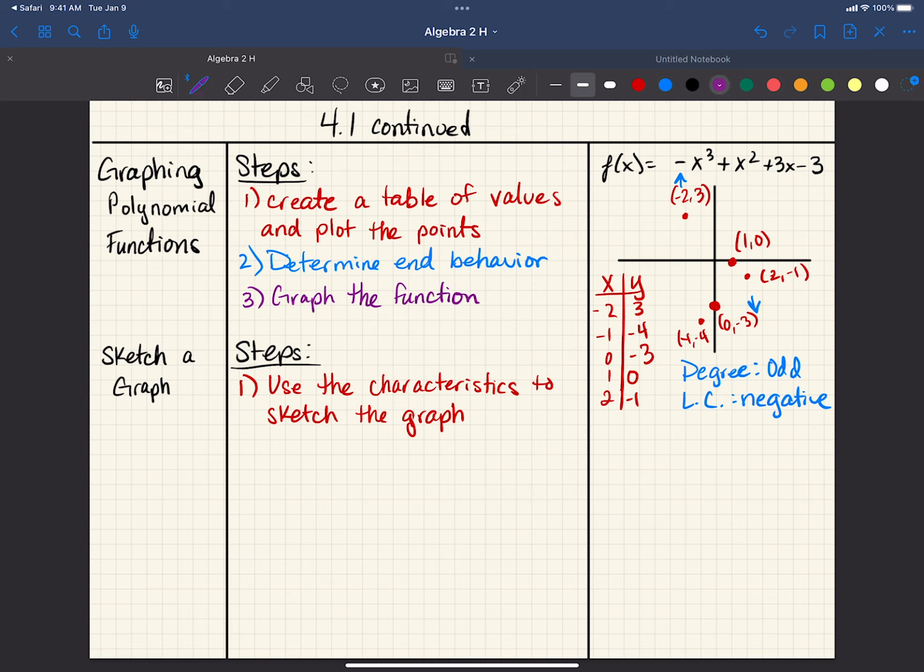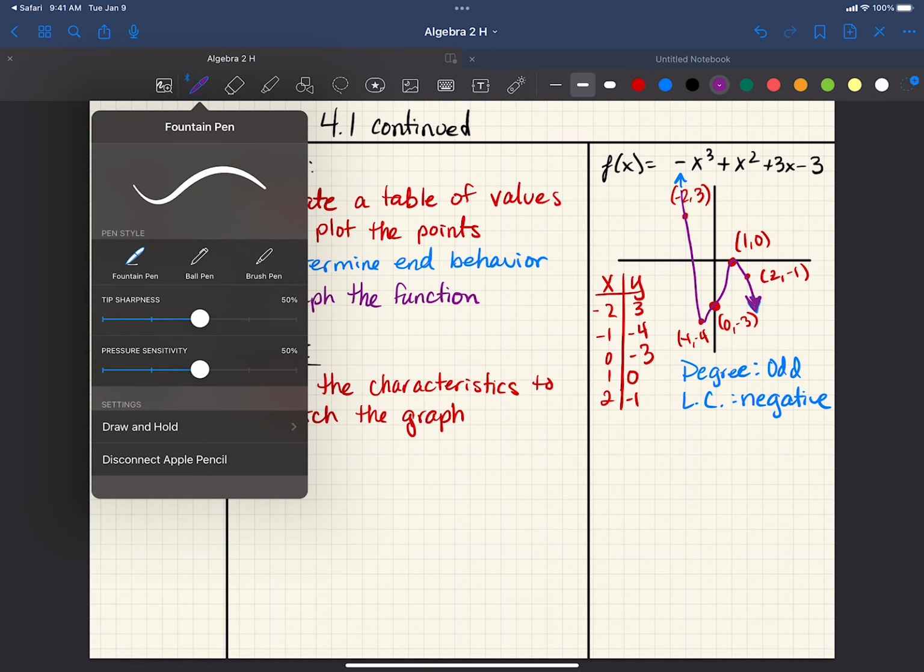Now I'm going to go ahead and kind of graph it. So knowing my directions, it doesn't have to be perfect. This is just getting me an idea of what my function should look like. Now a cubic function does look like this, or an odd cubic function, a negative one looks like that. So my shape, it's a little funny, but it is the correct shape.